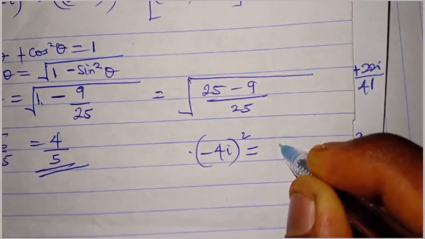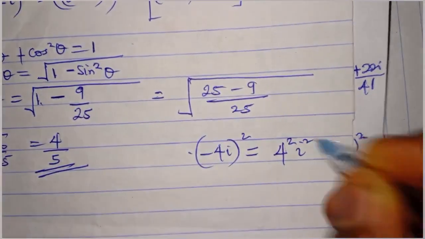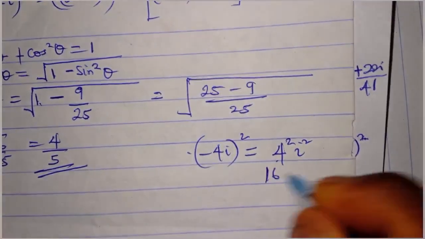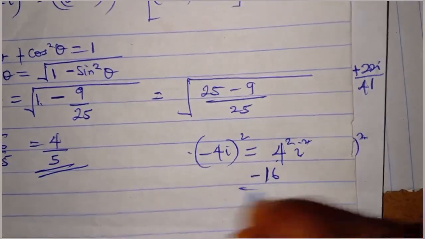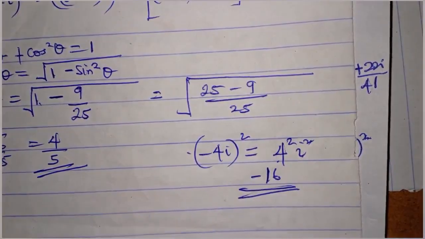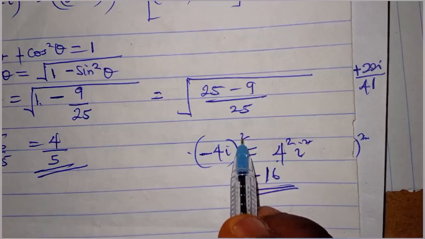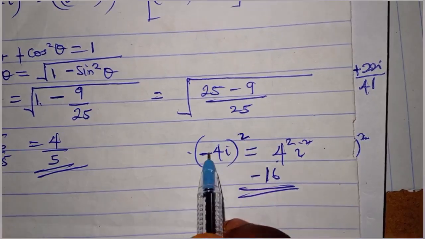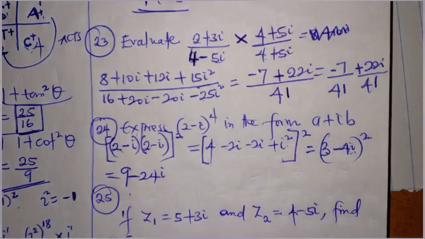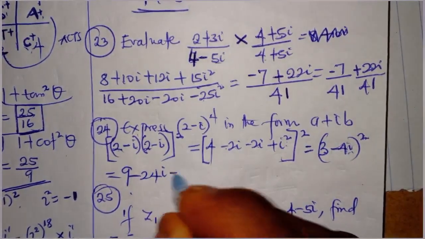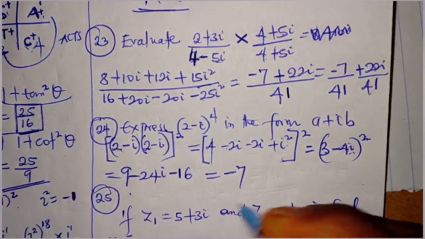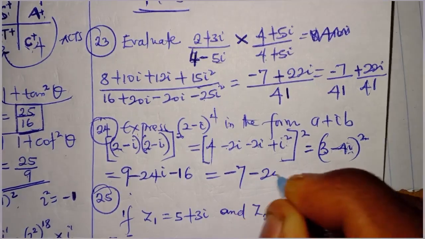This is same thing as saying 4 squared i squared. 4 squared is 16, i squared is minus 1, so this is minus 16. You know, if you raise a negative number to an even power, the minus will disappear. So 9 minus 16 is minus 7. Then we have minus 24i.